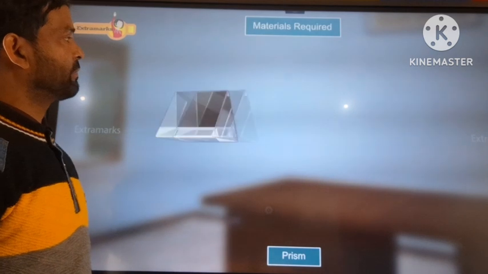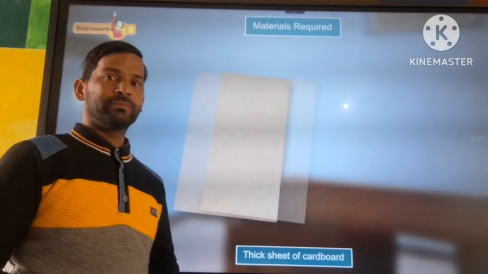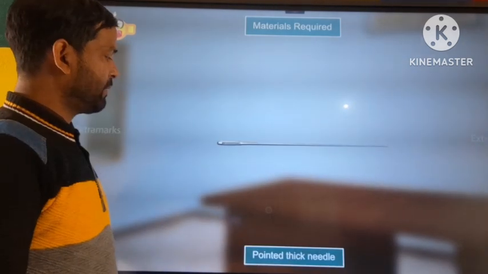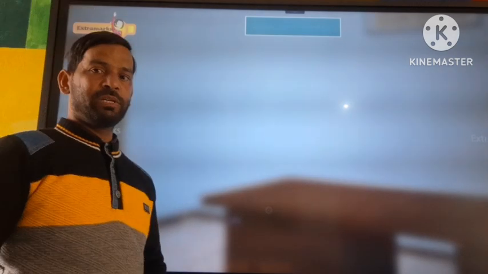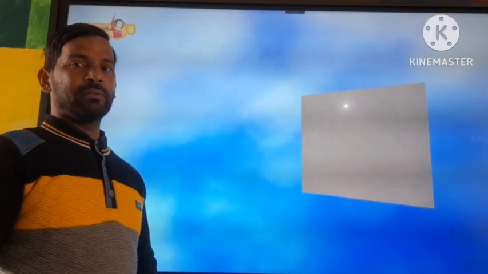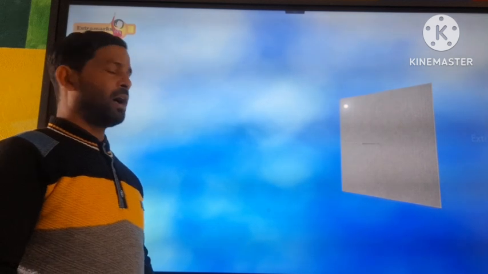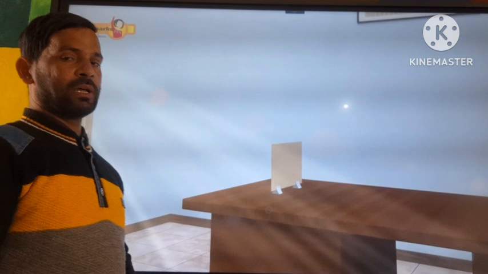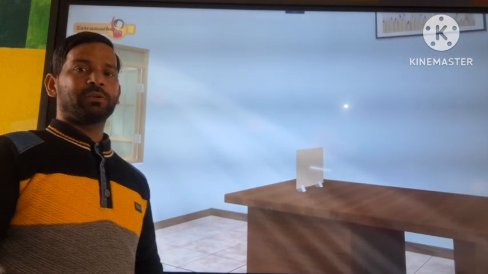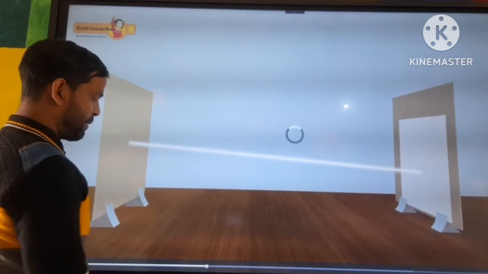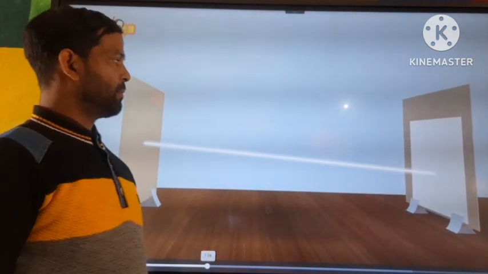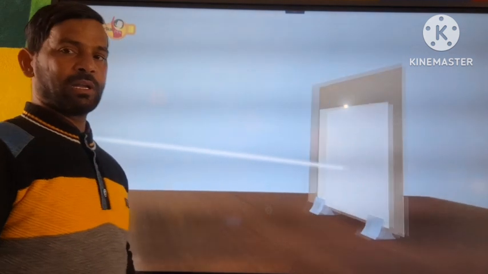What is this activity? Take the material to do the activity. When we pin up a sheet and the light is allowed to come through the thin sheet and falls on an object, place a prism in between the light.